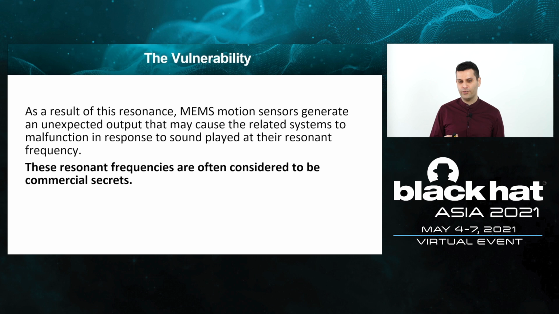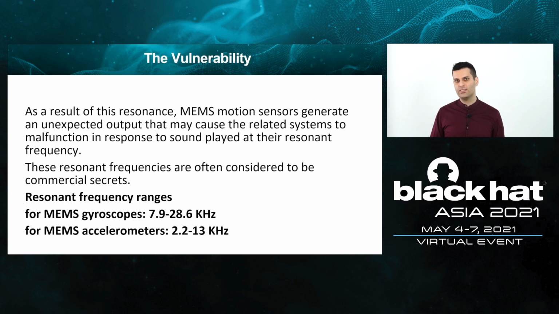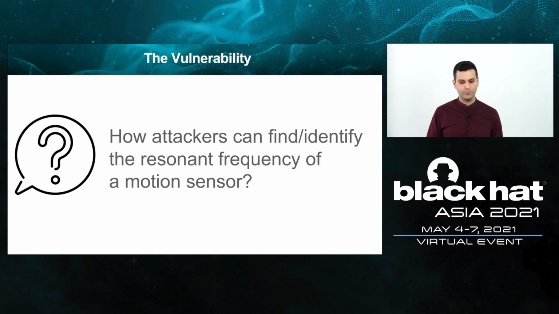These resonant frequencies are often considered to be commercial secrets. However, previous studies have already found that the resonant frequency for MEMS gyroscopes is somewhere between 8 kHz and 28 kHz, and for MEMS accelerometers is somewhere between 2 kHz and 13 kHz.